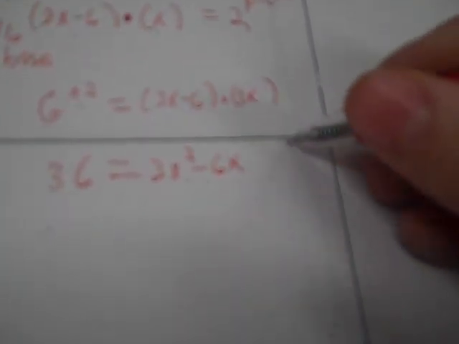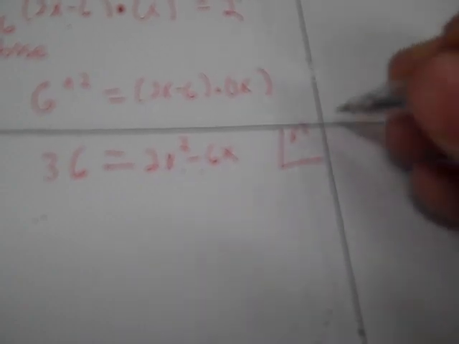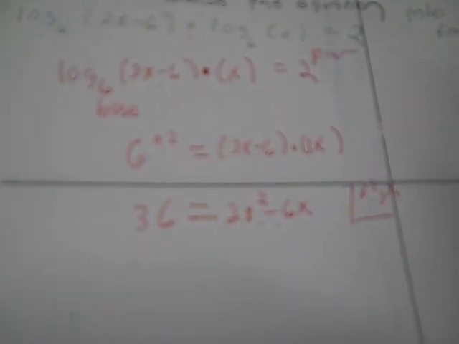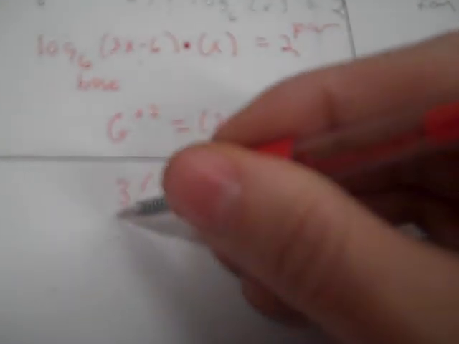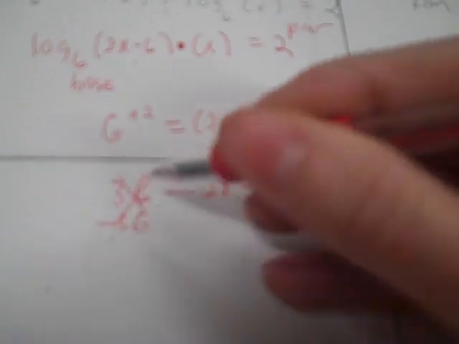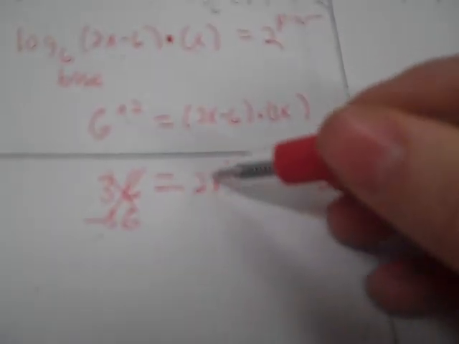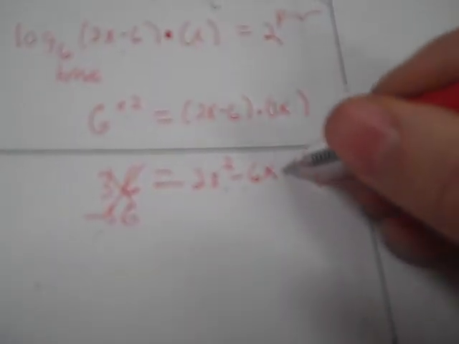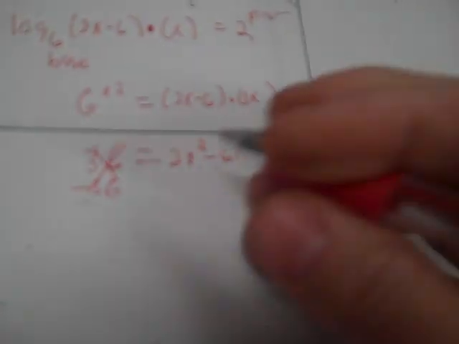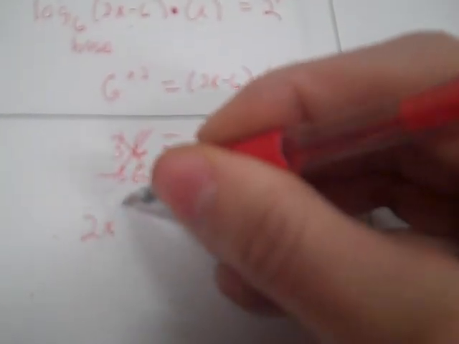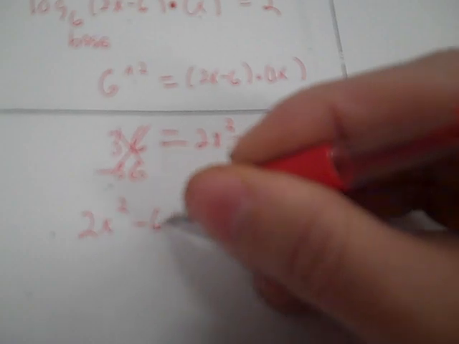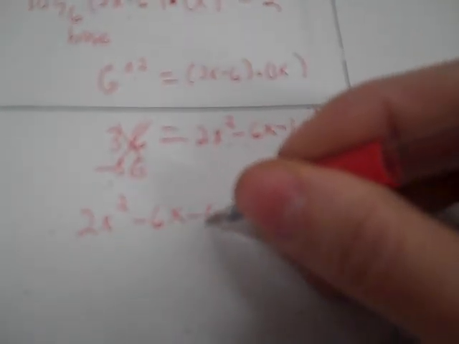Okay, now here I have x to the second and also x. So I need to move everything to one side of the equation so I can factor this. So I want to get rid of the 36. Now 36 doesn't really go with anything because that has x and that has x, so I just put it behind. So now I have 2x second minus 6x minus 36 equals 0.